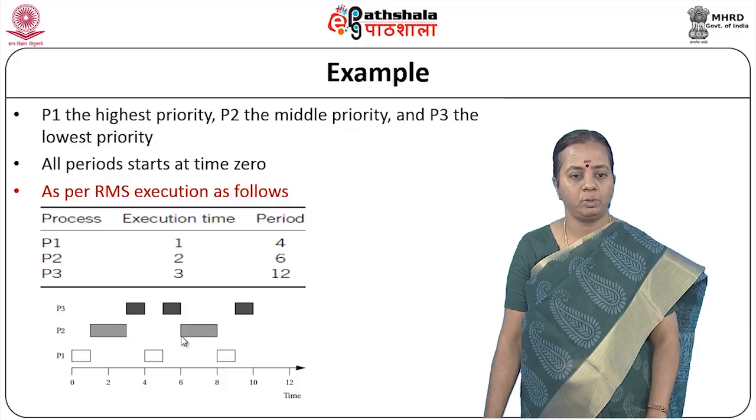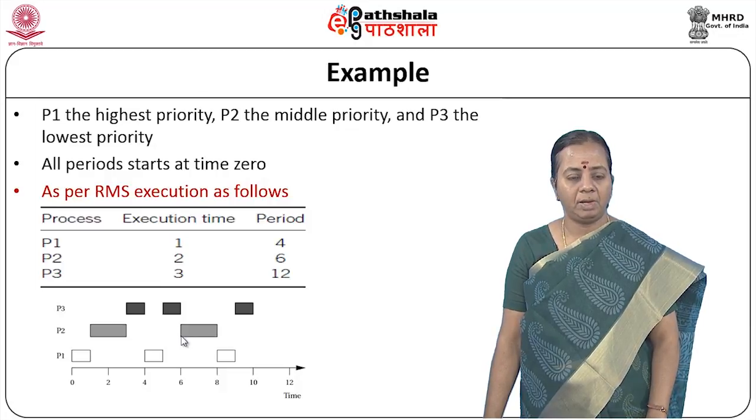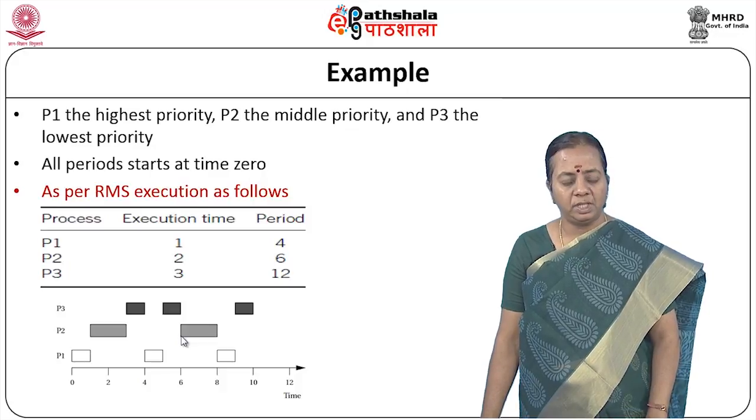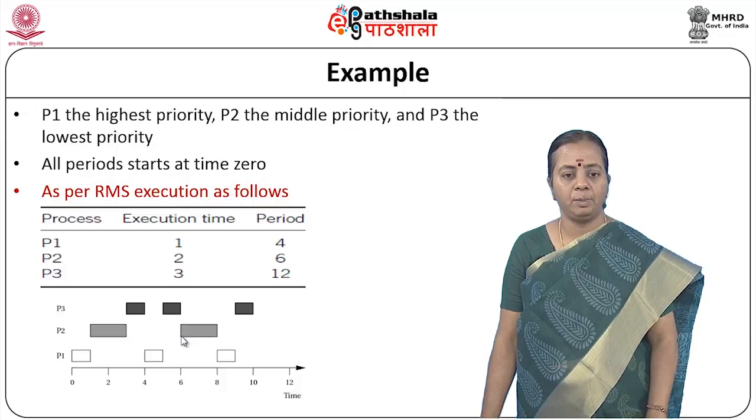Because of that, P2 gets scheduled from the time slot when P1 finishes, and from there onwards it is allowed to execute for 2 cycles. Then, if P1 has not started its next period, only then is P3 allowed to execute.